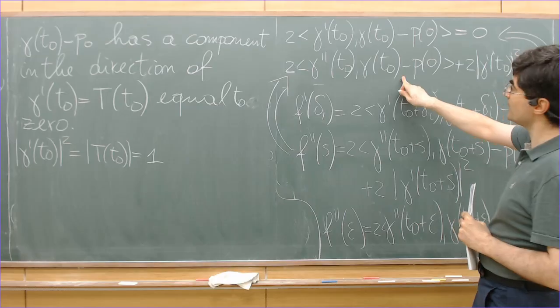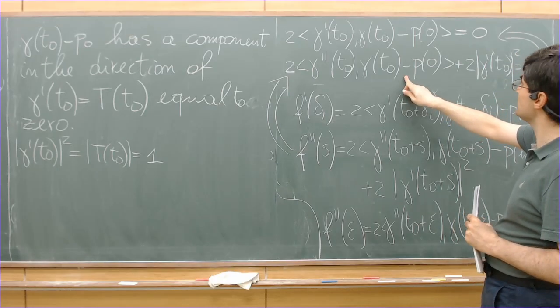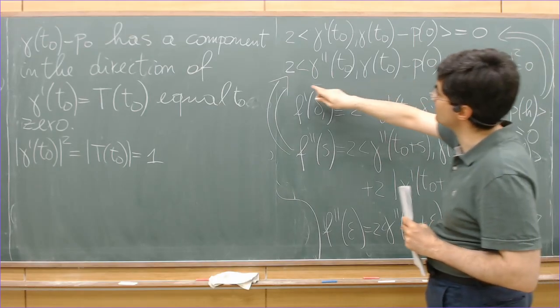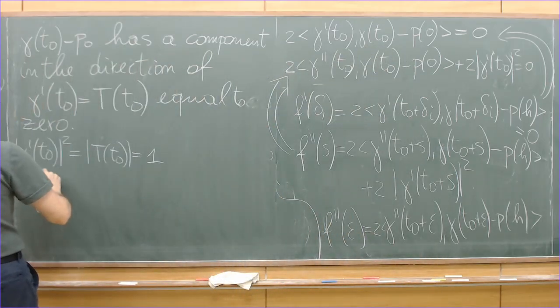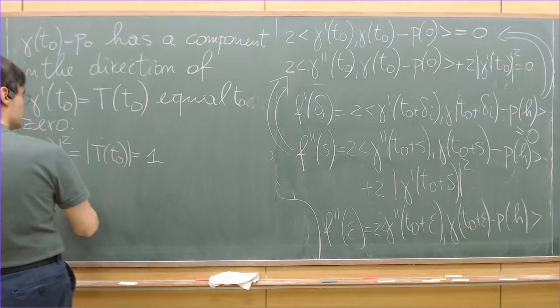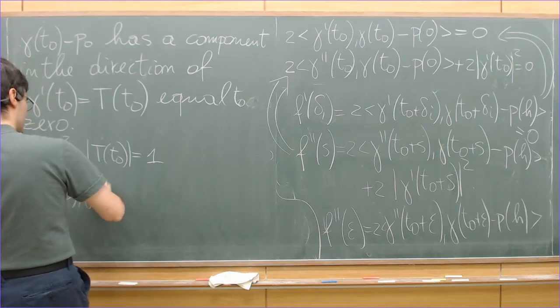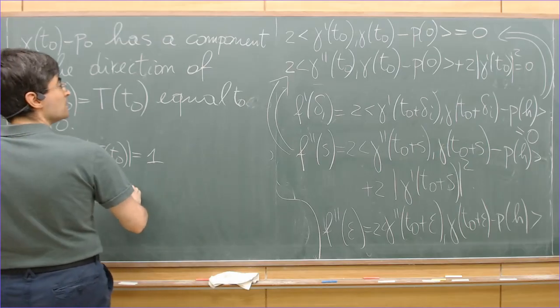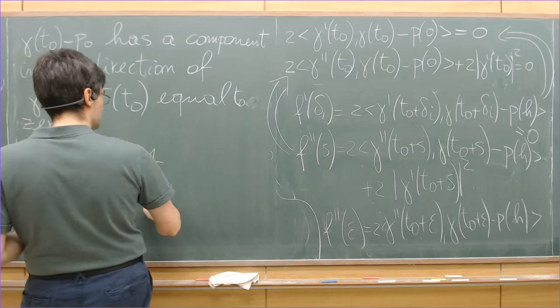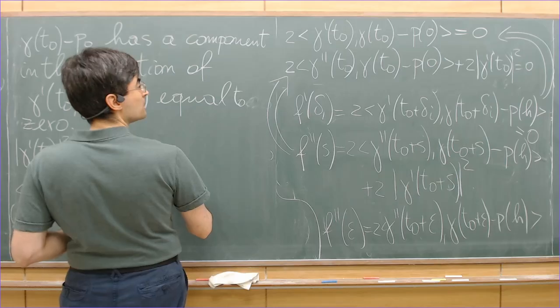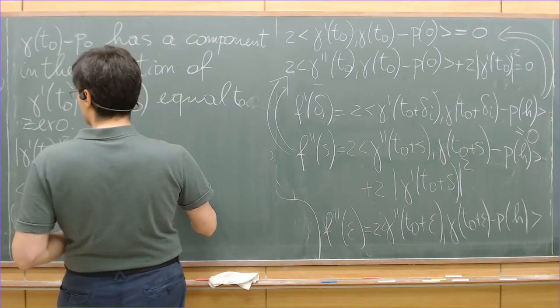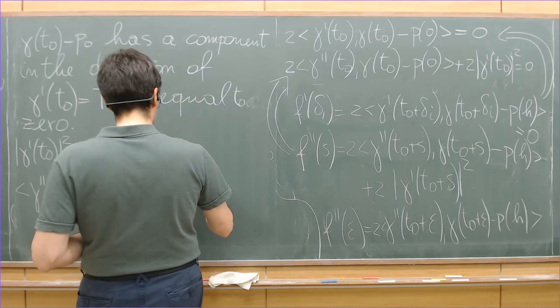So if I rewrite this identity after dividing by 2, I get gamma second T0, gamma T0 minus P0 is equal to minus 1.